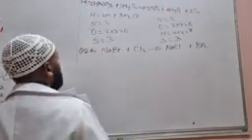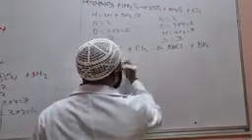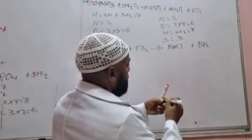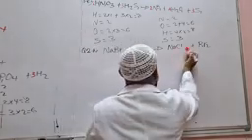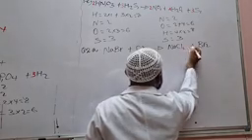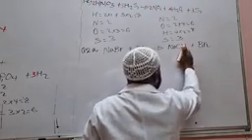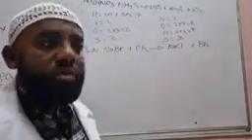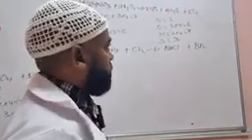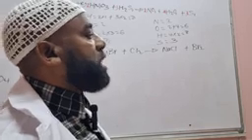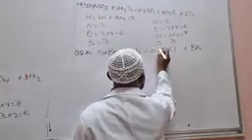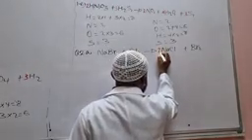Therefore, since the chlorine in the reactant side is 2, but in the product it is 1, we cannot write 2 here. Okay? We cannot write numbers as subscripts to balance a chemical equation. Only coefficients can be used. Therefore, write 2 in front of sodium chloride.